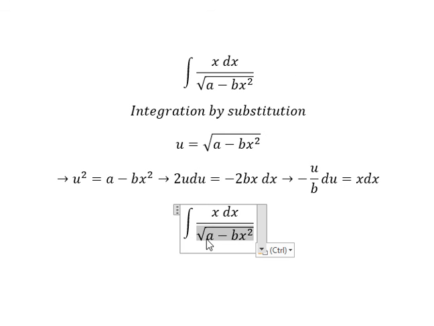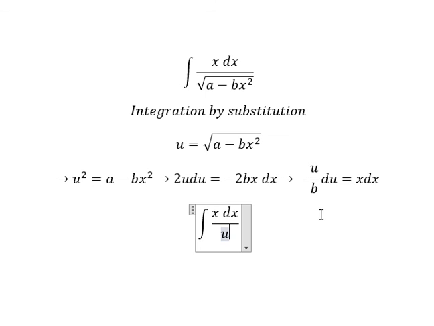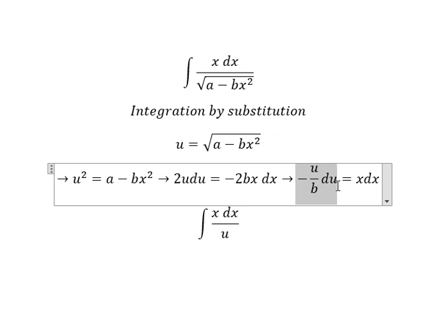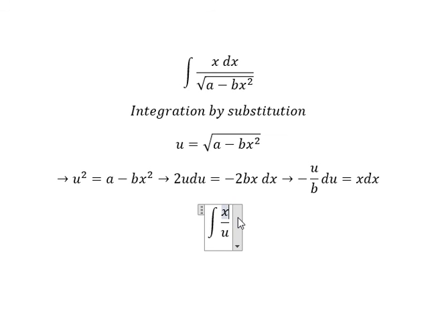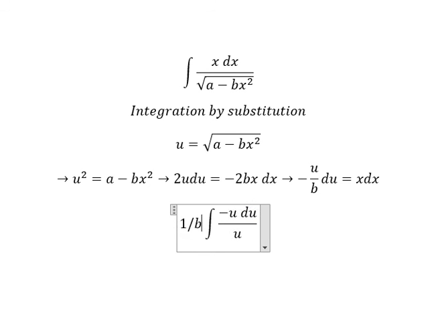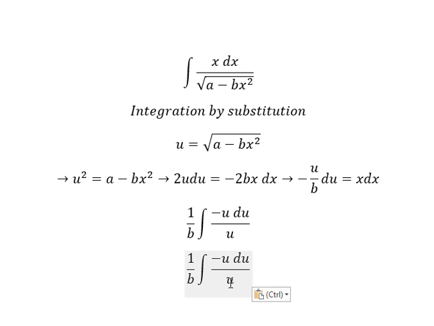So this one we change by u, the s we change by this one. So u divided by u, we have number 1. And then I will put a negative sign in here.